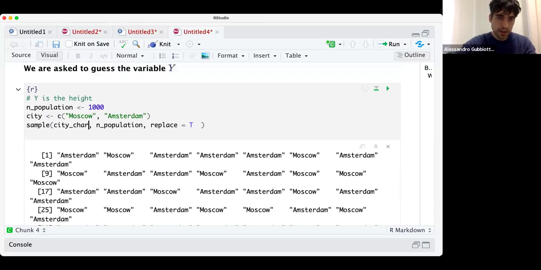And so city is the vector with only Moscow and Amsterdam, and sample cities is a long vector that tells us whether each member of the population lives in Moscow or Amsterdam. So this is city char, and since usually a categorical variable is saved in factors, let's transform it to a factor, so as factor.